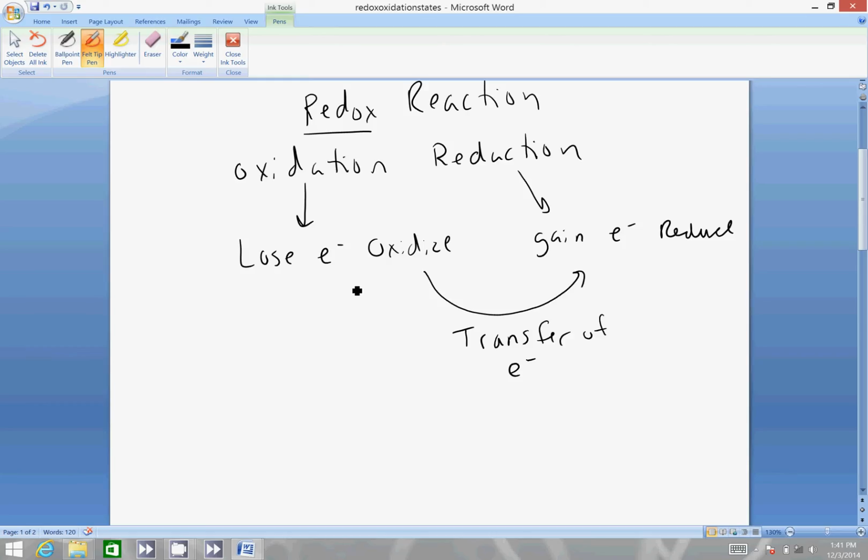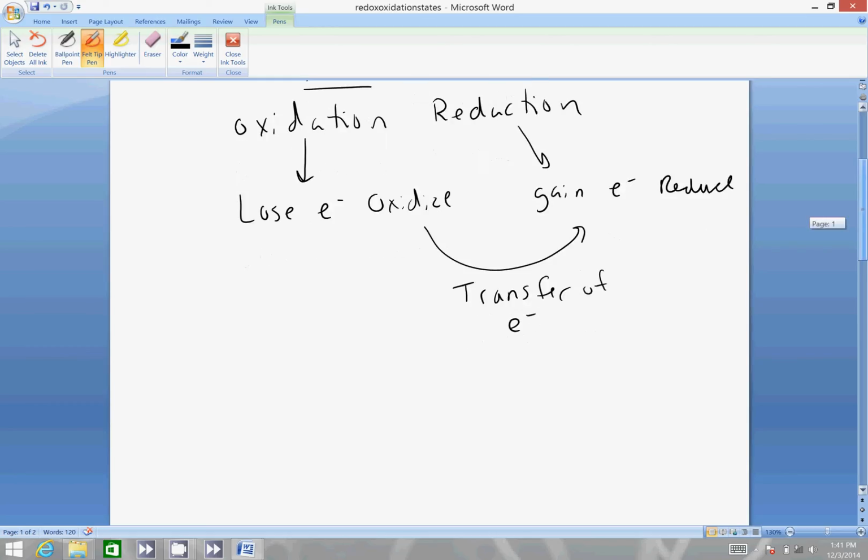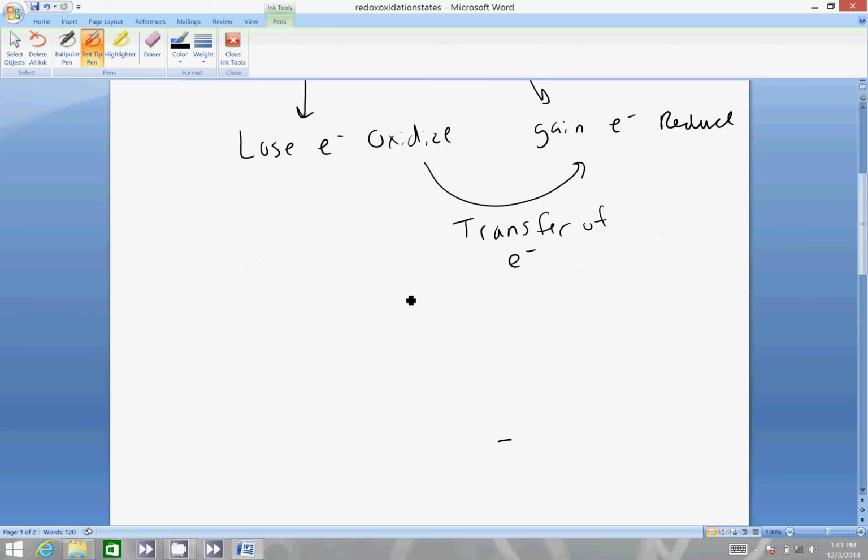Now, whenever we have a transfer of electrons, we have a transfer of charge. So we're going to see charges changing. That is the big deal here. Charges changing.